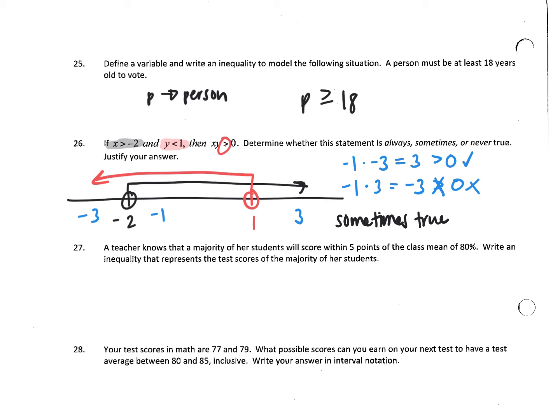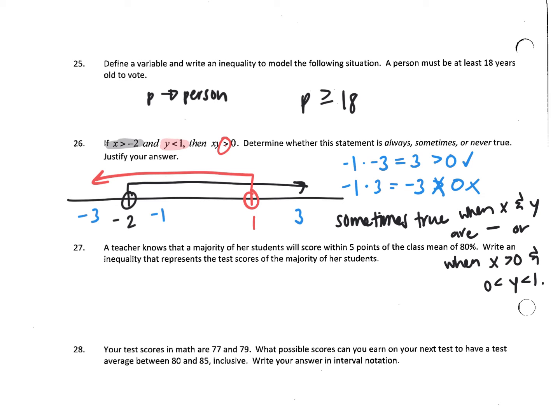And it's only true when either both of them are negative or, I ran out of space, when x is greater than 0 and y is in between 0 and 1. That would also give us a positive number.